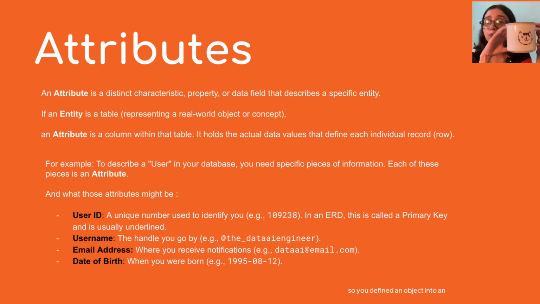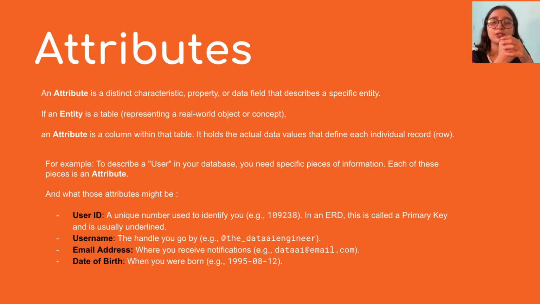You defined an object as an entity. While defining, what did you do? You added features so that anyone who is listening could recognize, oh, they're talking about this cup. So that's an attribute. An attribute is a distinct characteristic, property, or data field that describes a specific entity, like what you did to the cup previously.